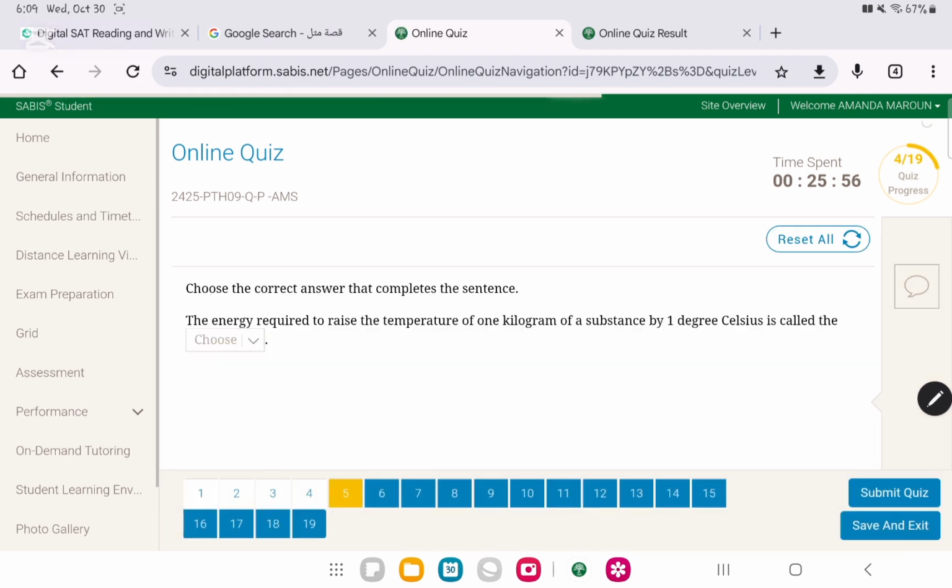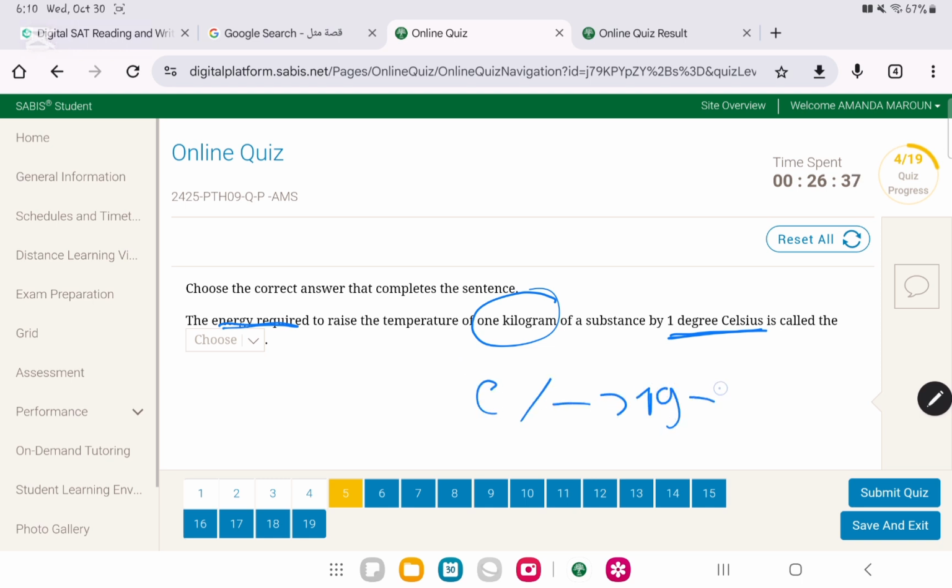Now we move on to question number 5. The energy required to raise the temperature of 1 kilogram of a substance by 1 degree Celsius is called the specific heat. If you remember in chemistry, we used to denote C as the energy that changes 1 gram by 1 degree Celsius.